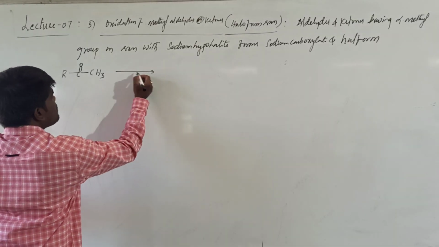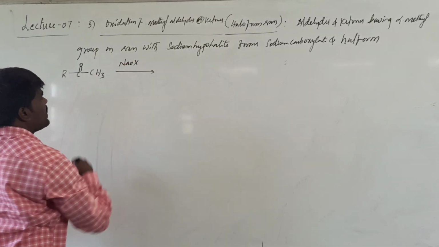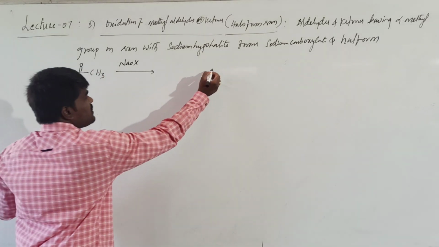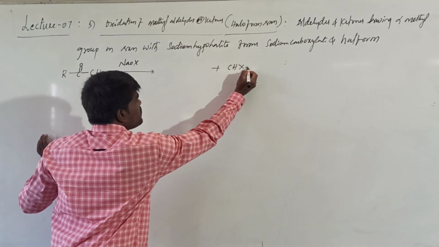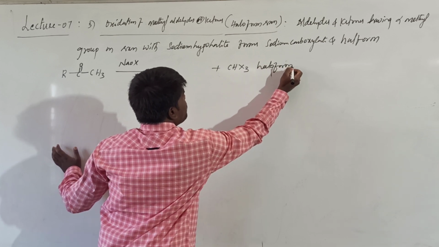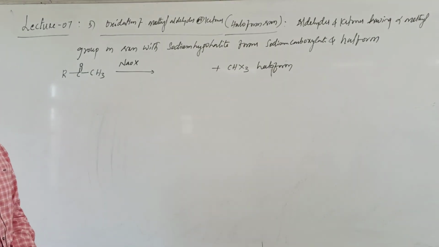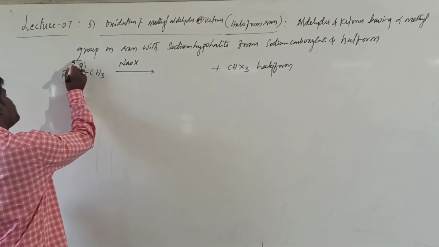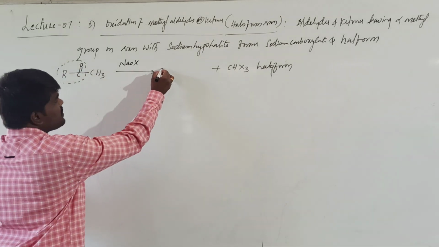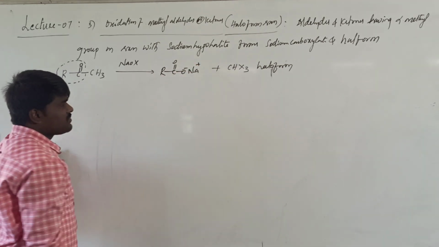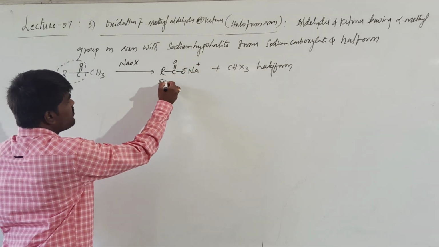Aldehydes and ketones having alpha methyl on reaction with sodium hypohalite, this methyl group should be converted into haloform. If it is chlorine, we call it chloroform. If it is bromine, we call it bromoform. If it is iodine, we call it iodoform. And the rest of the group will be converted into the corresponding carboxylate, RCOO minus Na plus. This is called sodium carboxylate.